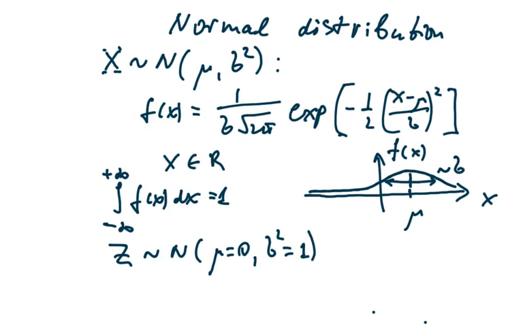So then the plot for Z will have maximum at 0, and the spread is defined by variance equal to 1.